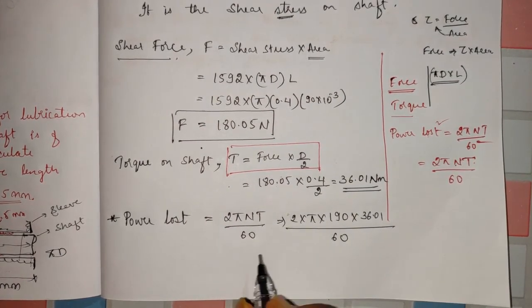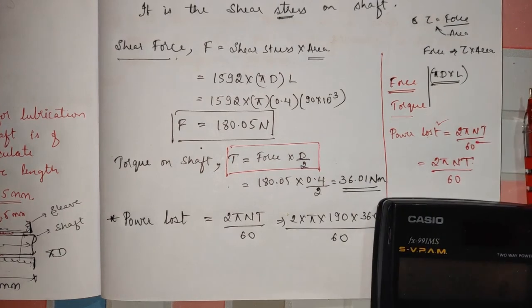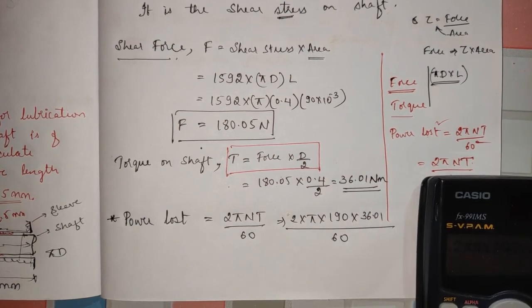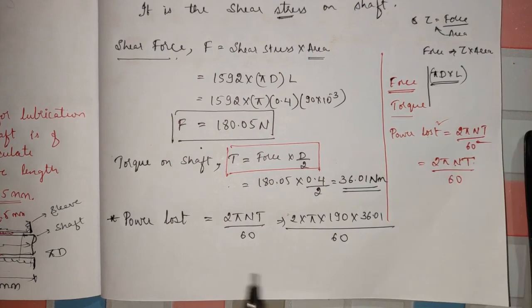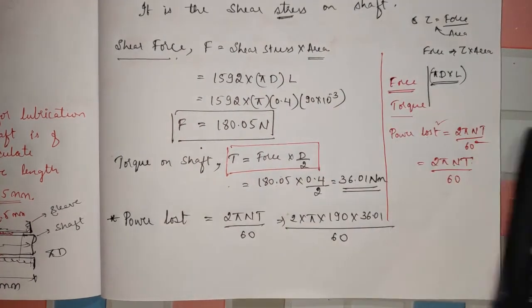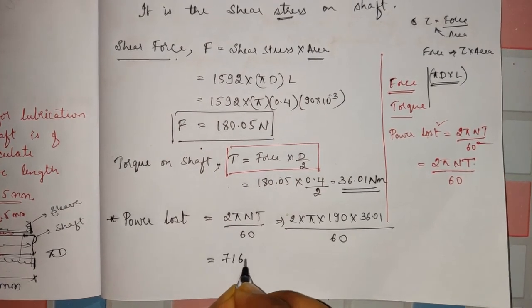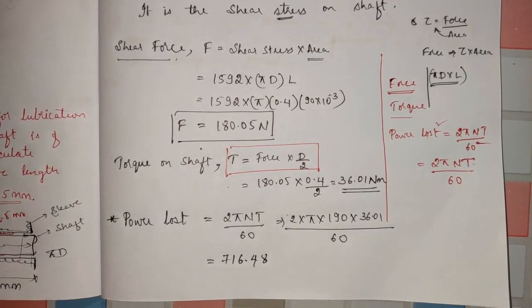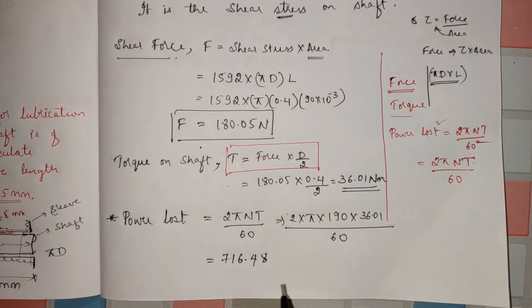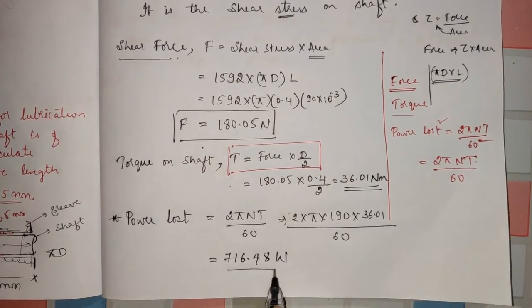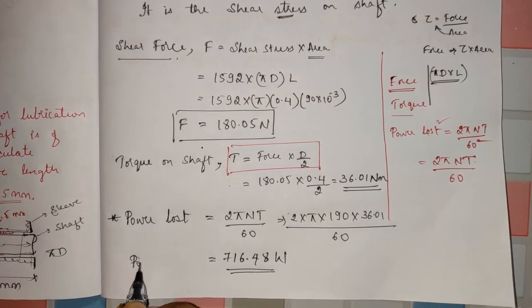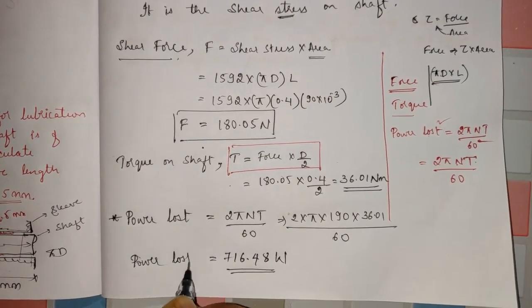When I solve this, it is 716.48. So the power lost will be 716.48. What is the unit of power? It is nothing but watt. So this is the power lost.